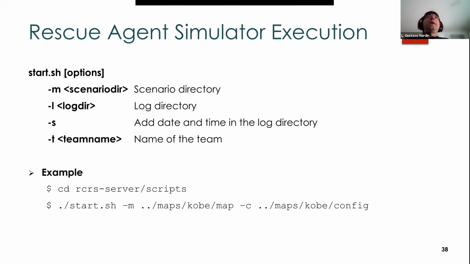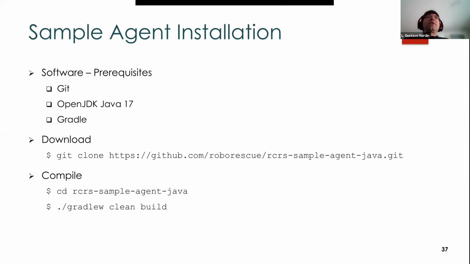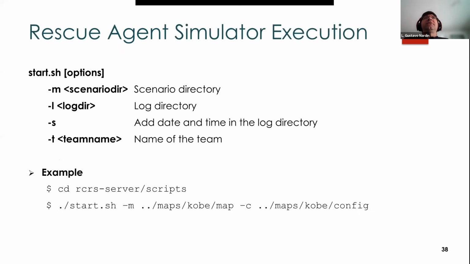Okay. I will go and then I will show you how we can download and run the simulator. So these two first steps were to download and compile the simulator and the sample agent. But how do we run the simulator and the agent?